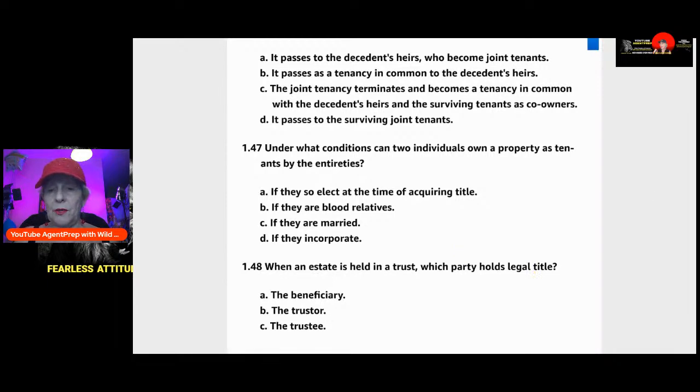So type your answer in the chat. So tenants by the entirety. I will tell you this, it's for 2 individuals. So type your answer in the chat.